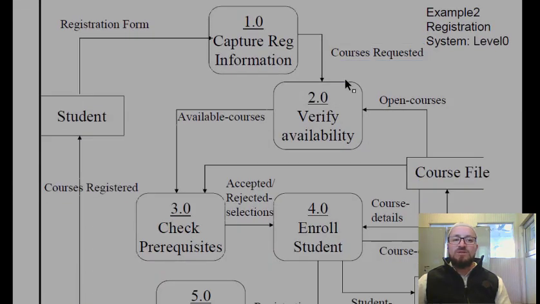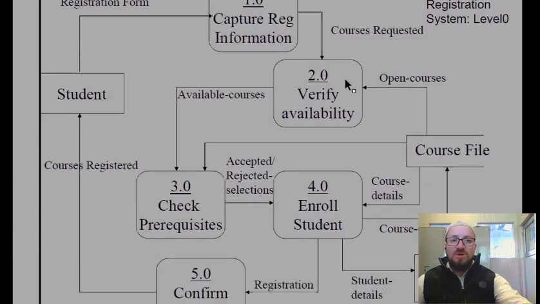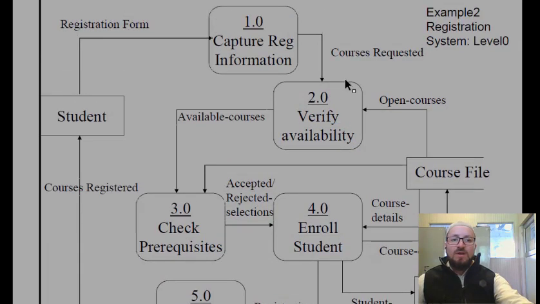Let's have all the processes in it. These are all the processes here, as you can see. We have capture registration information, verify availability, enroll student, confirm, check prerequisites, and we have the external entities and data flows. Everything is here at level 0.